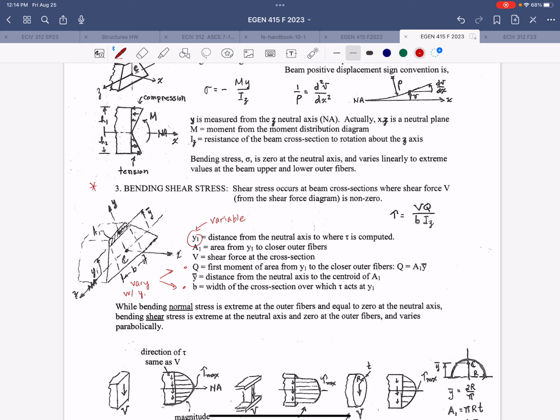So in this equation for shear stress, V and I_z would be constant for a given location along the length of an element, but Q and B can vary.